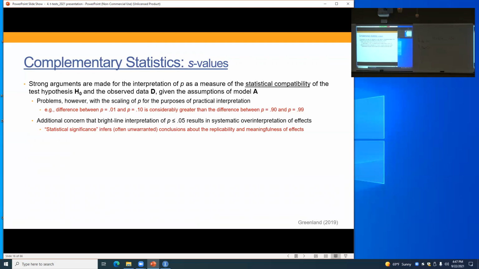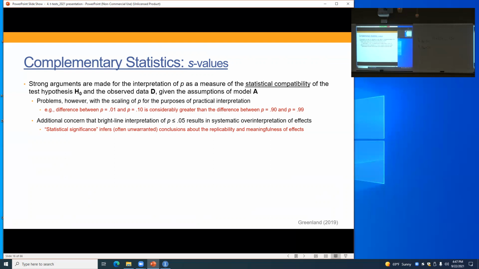Problem is that the scaling of P is tricky. The increase in magnitude of evidence against the null is not equal across all units. So if I'm looking at the difference between P equals 0.01 and 0.10, that's a lot different than the difference between 0.90 and 0.99.